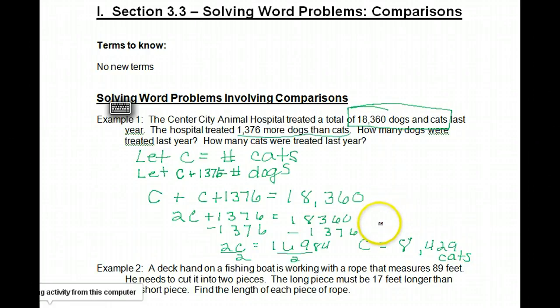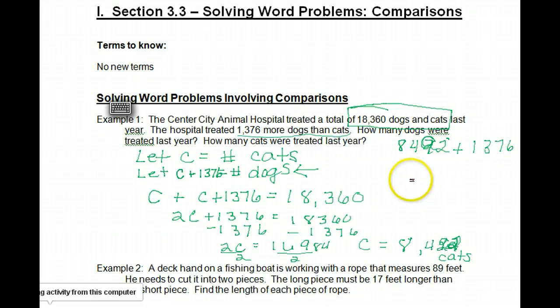The problem also asked us how many dogs were treated. So in order to figure that out, we have to take our 8,492 cats, and that has to get added to, if you look at our let statement for dogs, 1,376.